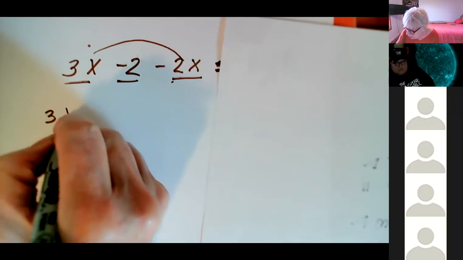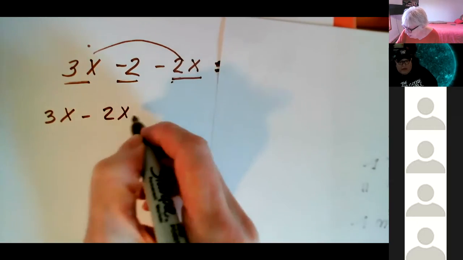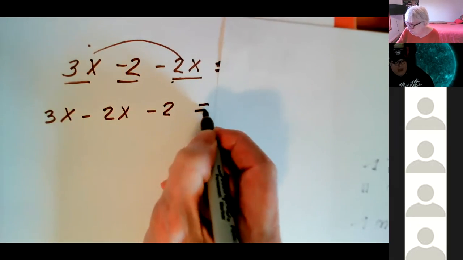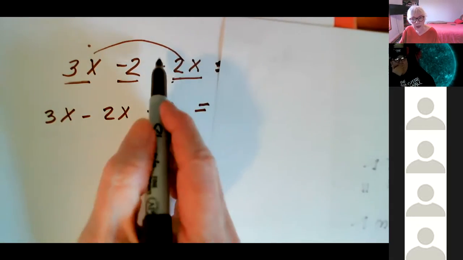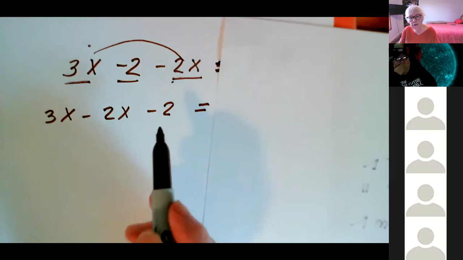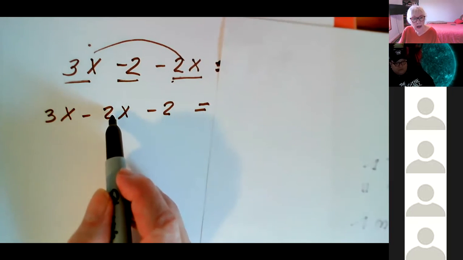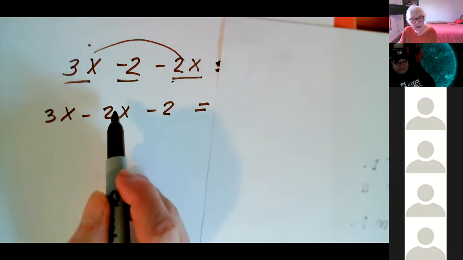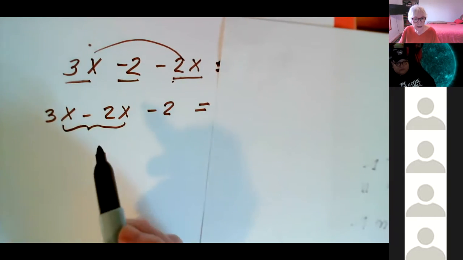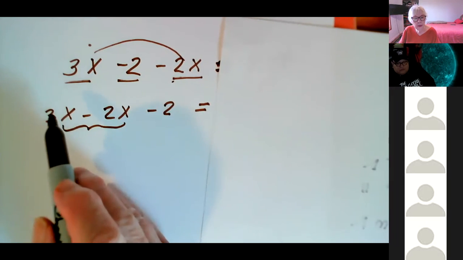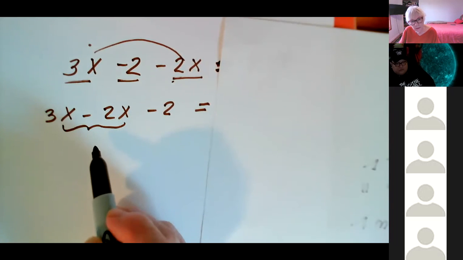So 3x minus 2x minus 2. Remember how we turn things around in commutative and associative to suit us? These two, and you don't have to write this step, but the 3x take away 2x needs to be simplified. So 3 take away 2 is 1x.